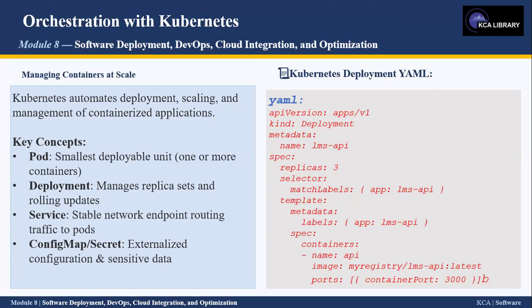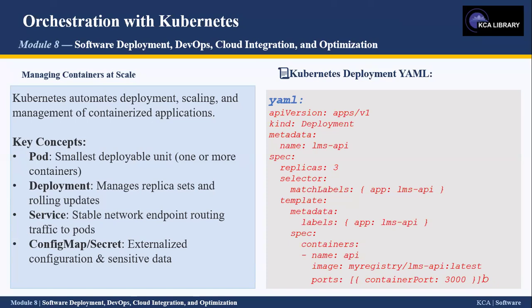Docker runs containers. Kubernetes manages them at scale, automating deployment, scaling, and operation. Key concepts are pod, the smallest deployable unit, with one or more containers. Deployment manages replica sets and rolling updates.